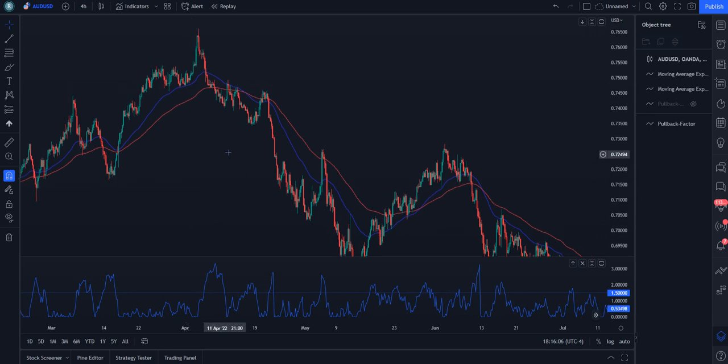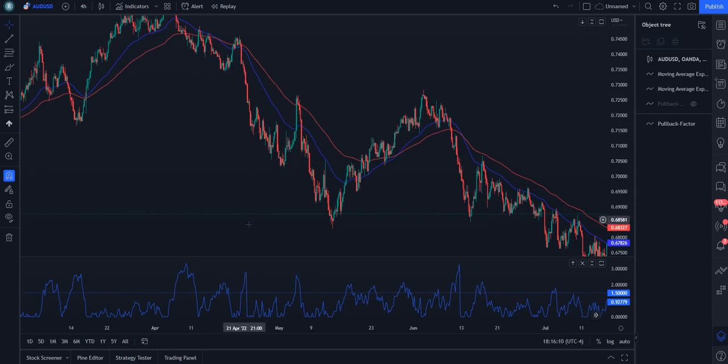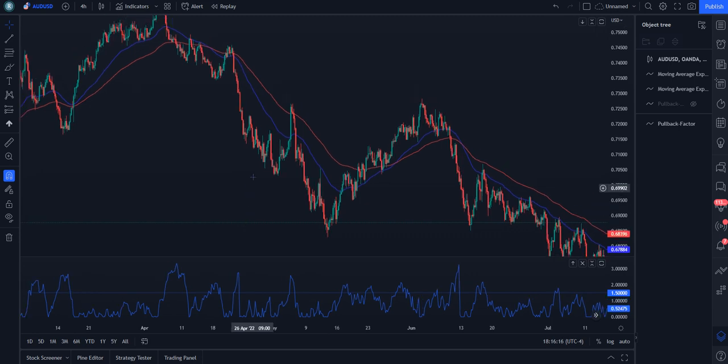As we know, price does not just move in one direction towards a specific price point. It oscillates.